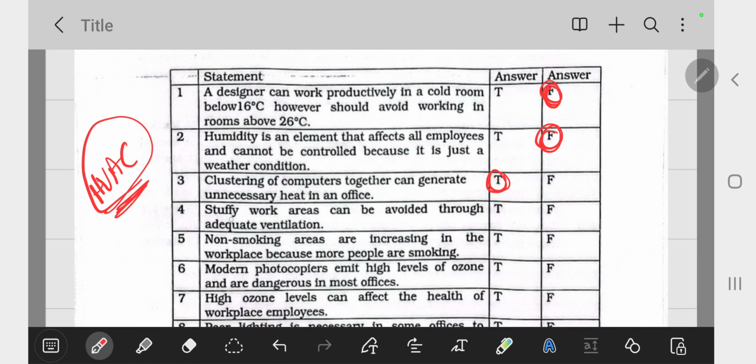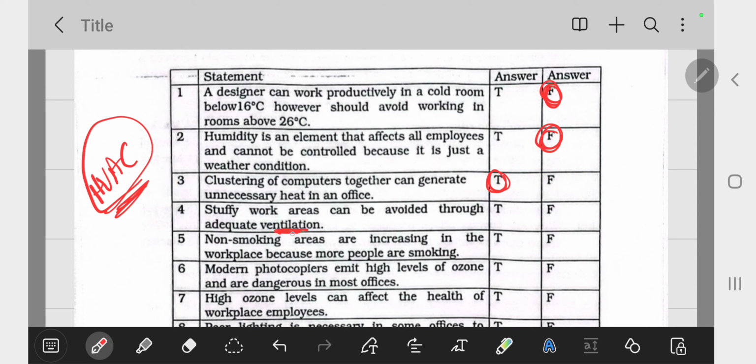The word stuffy basically means where you feel like there's not enough air. So ventilation helps provide that air content in the room. You just have to know what ventilation is.